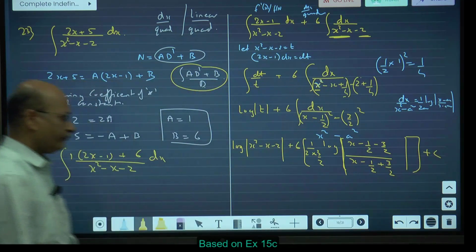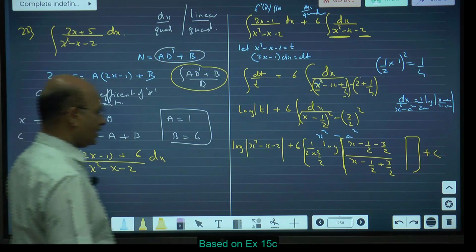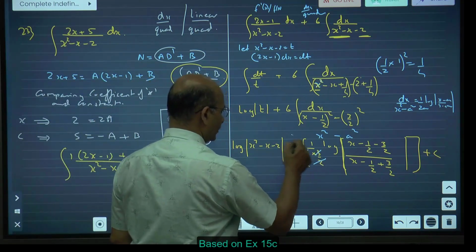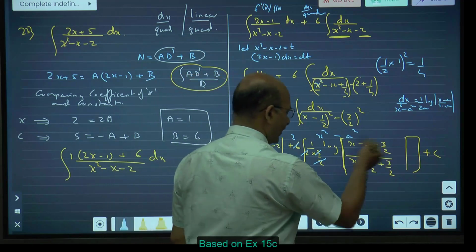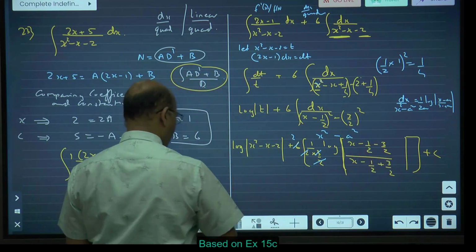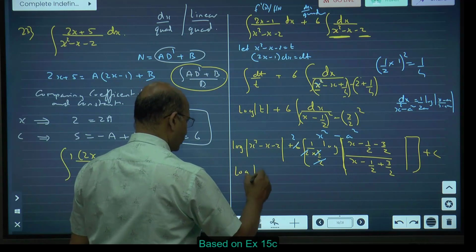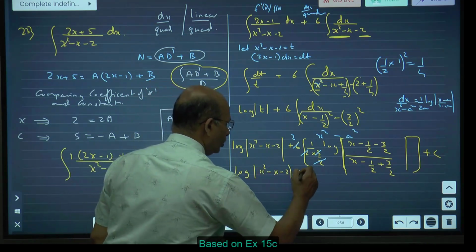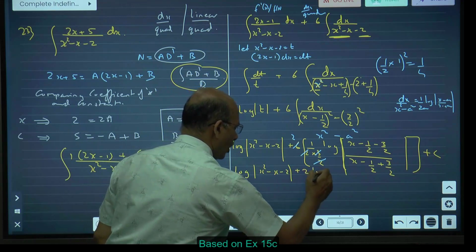That's it. Now I have to just simplify. So what happens now, the 2 gets cancelled, 3 twos are 6. Now here if I find the LCM, whatever you can simplify, do the best of the simplification.